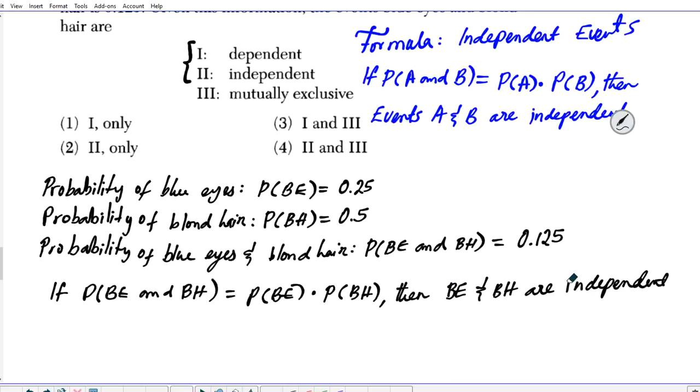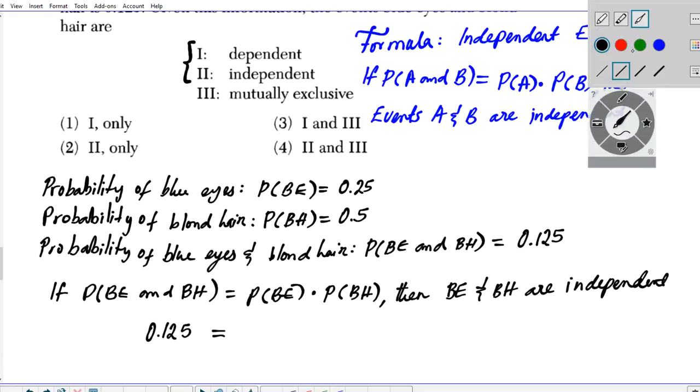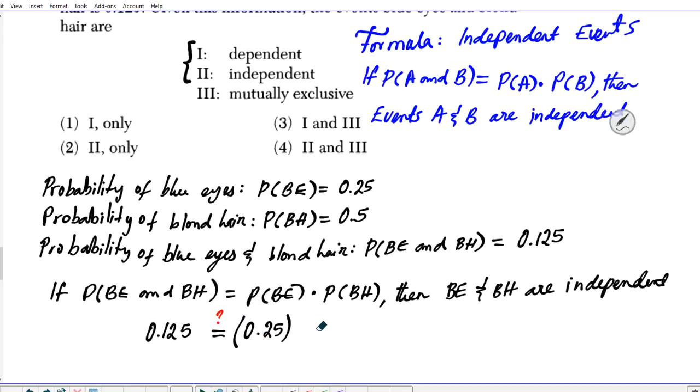So let's go ahead and do the mathematics here. So probability of their child having both blue eyes and blonde hair is 0.125. So the question is, is this equal to what you get when you multiply these individual probabilities? Probability of blue eyes is 0.25, and then probability of blonde hair is 0.5.